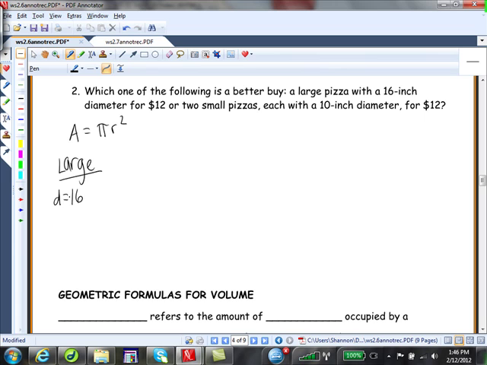So for the large pizza, do you see that d is equal to 16? Remember that d is also the same as 2 r's, okay? So d is 2r, and therefore the radius will be 8 when you multiply both sides by 1/2.